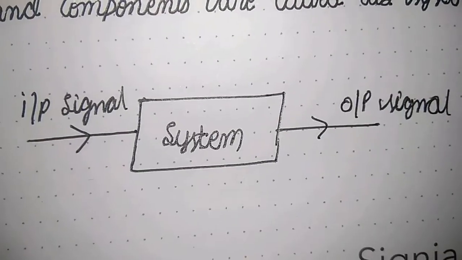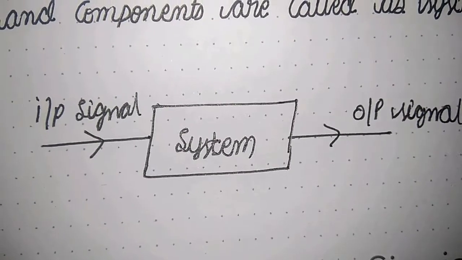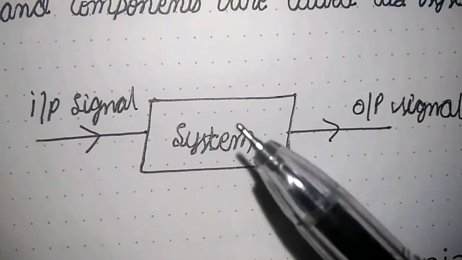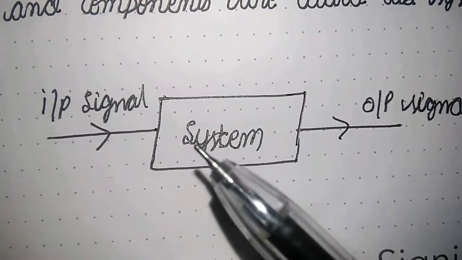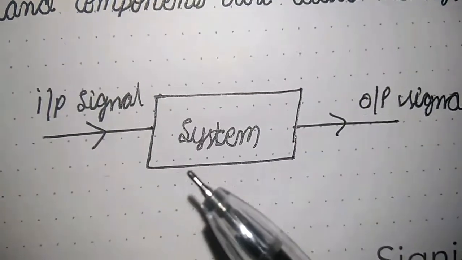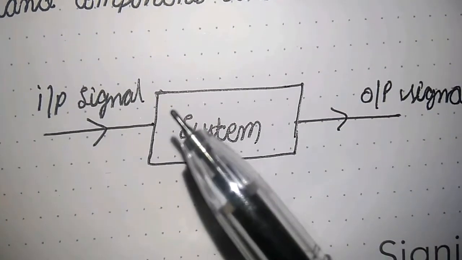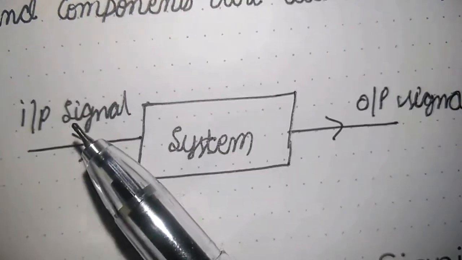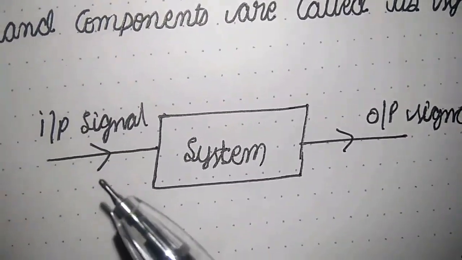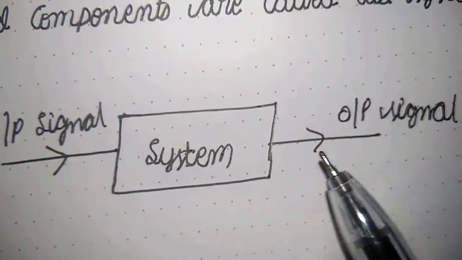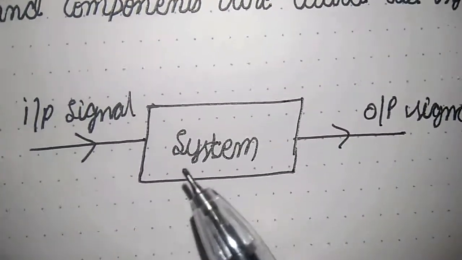Okay friends, using a simple block diagram, I am going to show you the basic fundamental operation of a system. Consider a system. The function of the system is that it takes the input signal, processes that input signal into the desired form, and sends it out as the output signal.